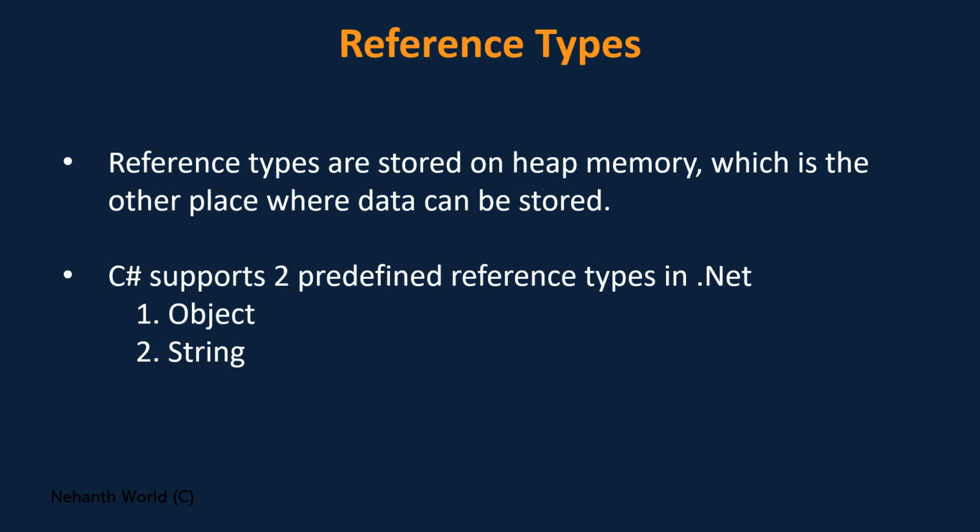But when it comes to custom defined types, all the arrays, collections and classes are also reference types, but they come under the user defined data types. When it comes to the primitive or predefined data types, object and string come under the reference types.